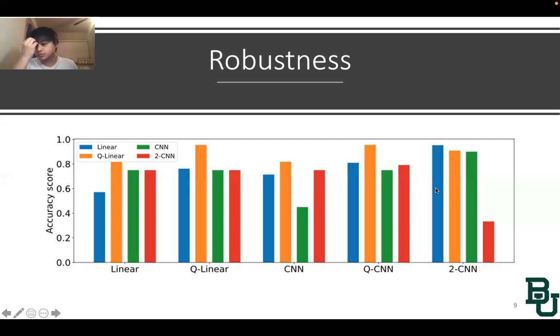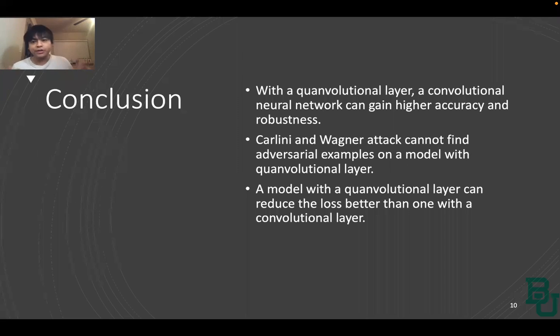You can see here it can achieve higher accuracy than the CNN model. And also in this one, it can achieve higher accuracy than the 2CNN model for the adversarial examples generated from the 2CNN model. So we can conclude everything with this. With the quantum convolutional layer, we can make a convolutional neural network gain more accuracy and robustness.